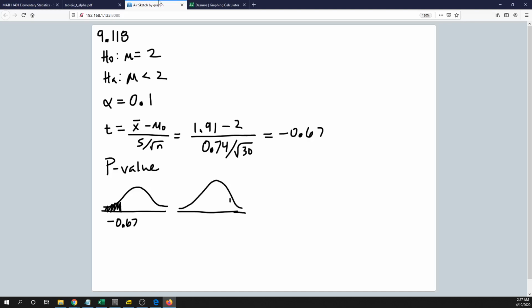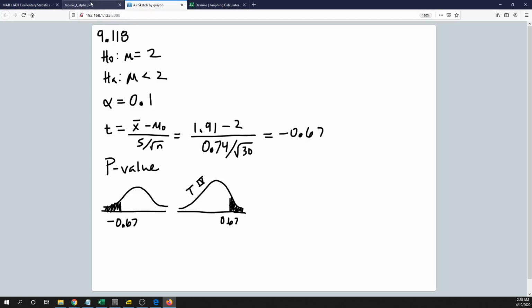So if I find the area to the right of 0.67, which is what table 4 is going to give us, because the t distribution is symmetric about the mean, the area to the left is going to be exactly the same as the area to the right.